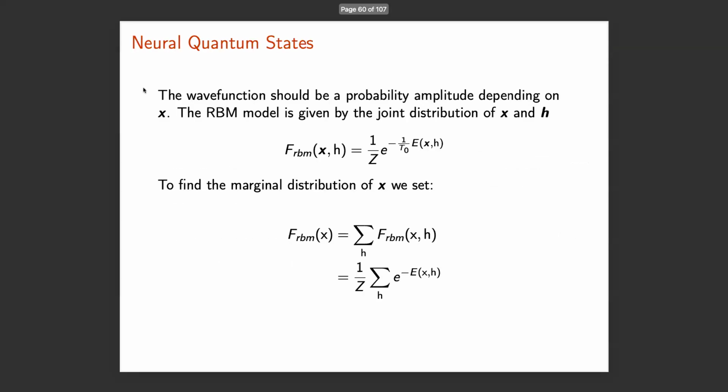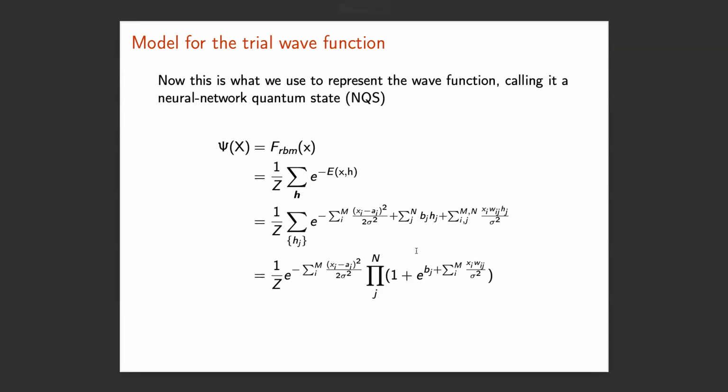So the thing which simplifies life for us is now that the wave function which we're dealing with could, for the restricted Boltzmann machine, just be this one, which is now the standard Boltzmann distribution. And then you would find the marginal distribution simply by what we have been discussing.